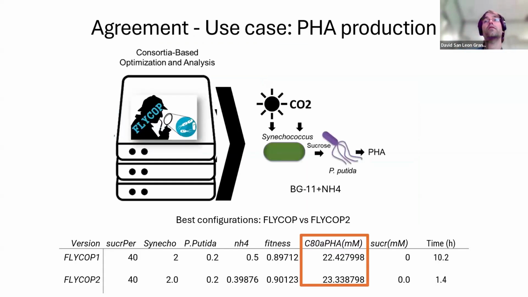After those modifications, we simulate with dynamic FBA and FlyCop tries to identify the best solution. The solutions that we identified are quite similar between the new version and the previous one, which was nice.